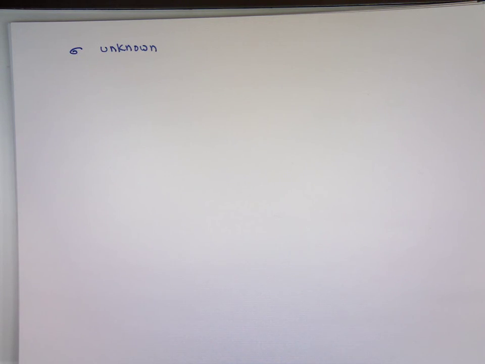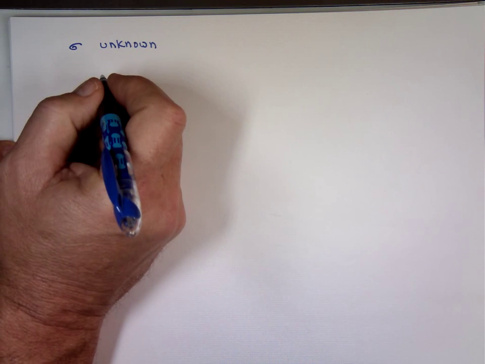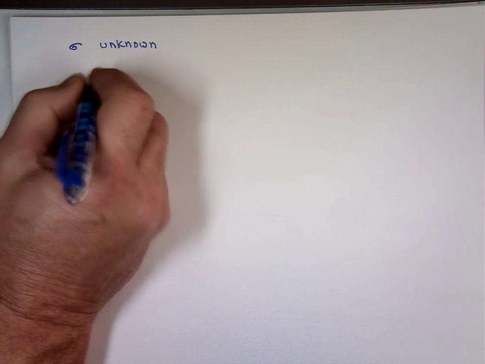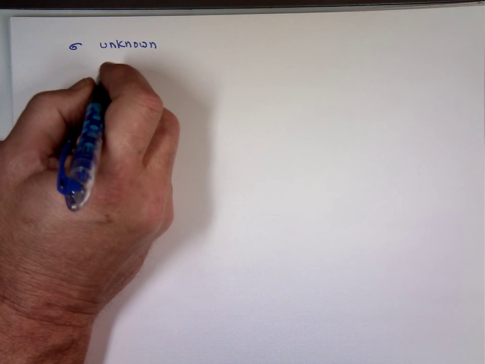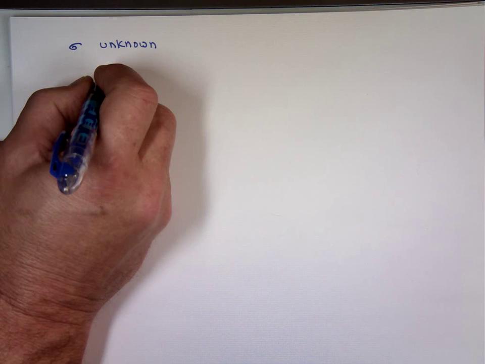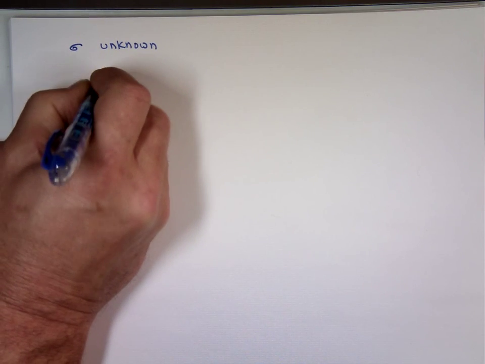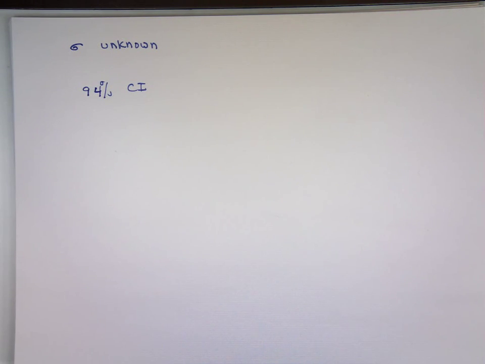Instead of IQ, we took a sample. The sample gave me what? I want to test a 94% confidence interval. Again, trying to avoid using the 90, 95, 99, because that's what everyone uses.